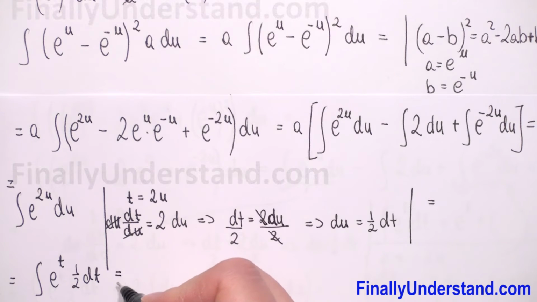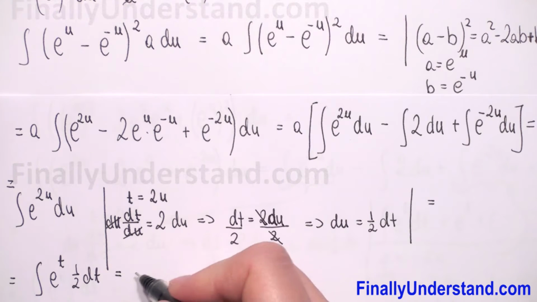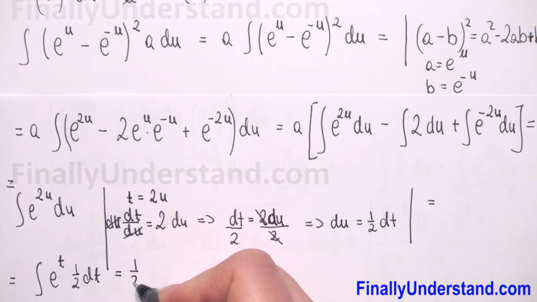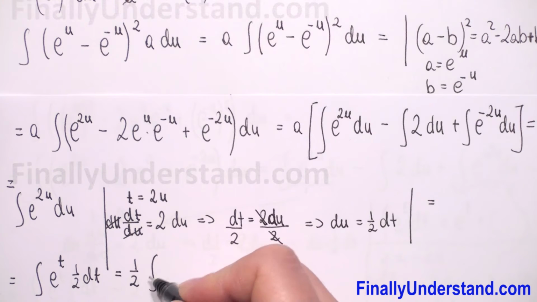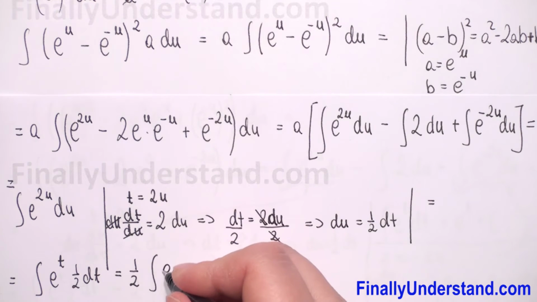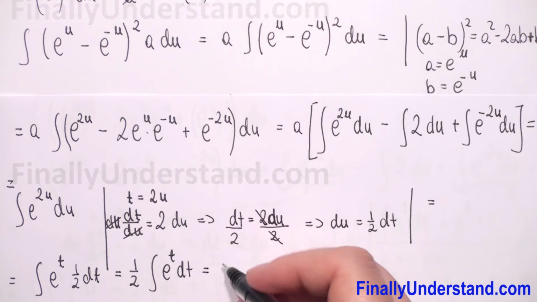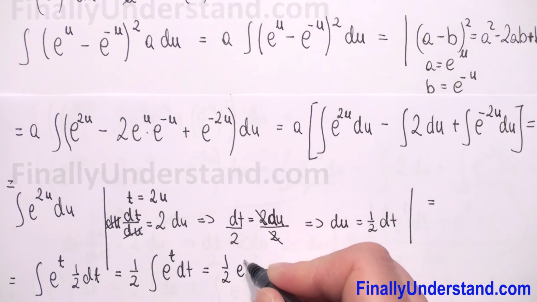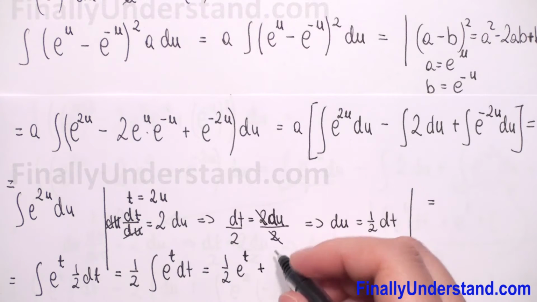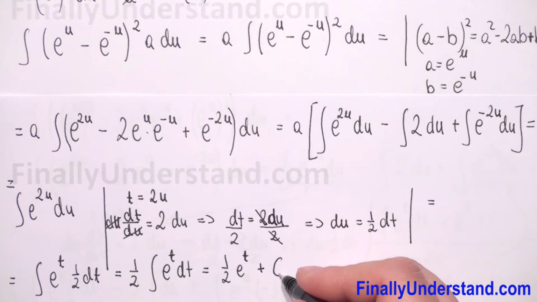So this is equal to 1/2, which we can put before the integral. So we have the indefinite integral of e to the power t with respect to t. This is equal to 1/2 e to the t, of course, plus constant c. And we know that t is equal to 2u.